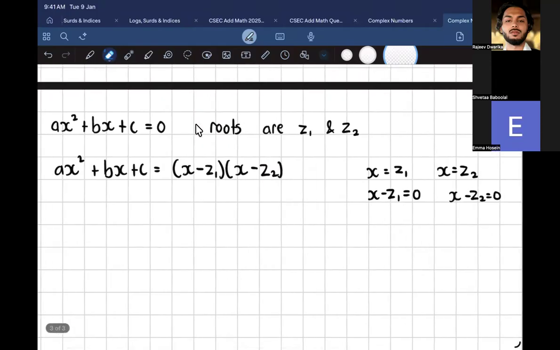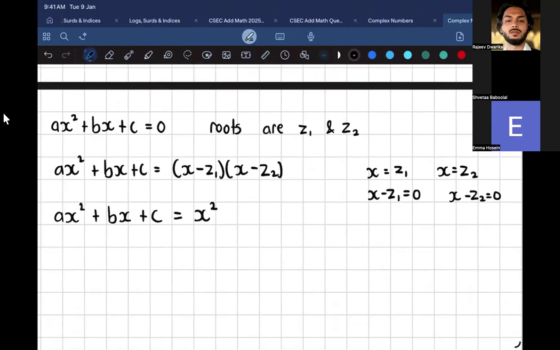Well, all you're doing is expanding it, and then you're going to equate it back to ax squared plus bx plus c. And then when you equate it and have it in order, you could bring back in what the original complex number was.